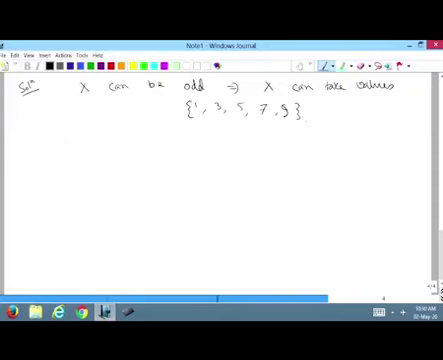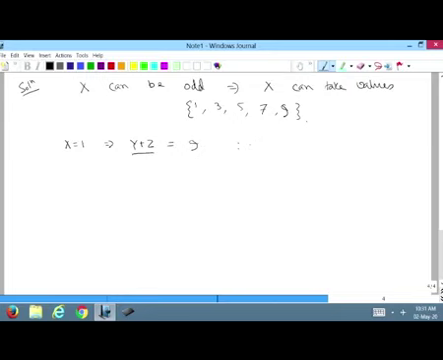Now, consider the cases. x is equal to 1 implies y plus z is equal to 9. In how many different ways can y plus z be 9 when both y and z are greater than or equal to 0?